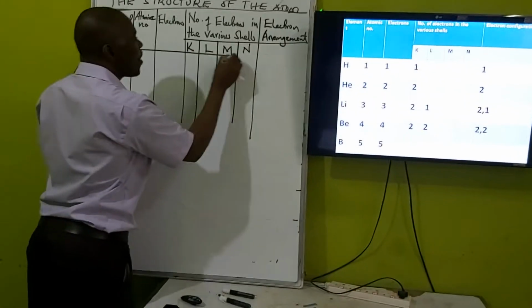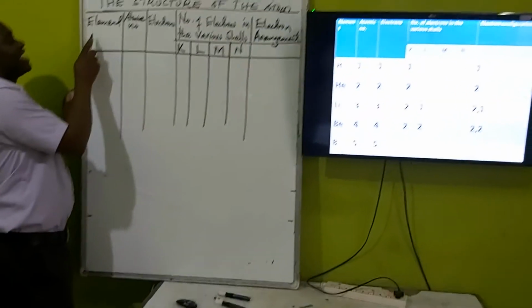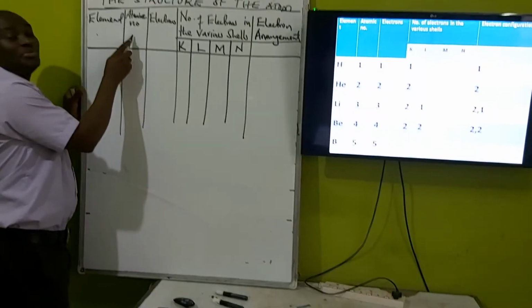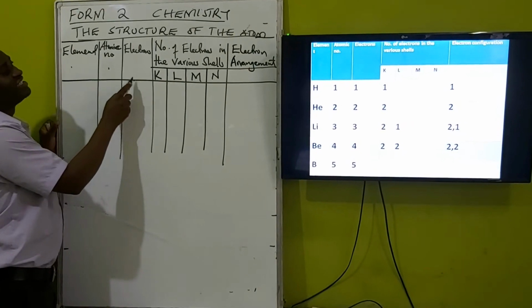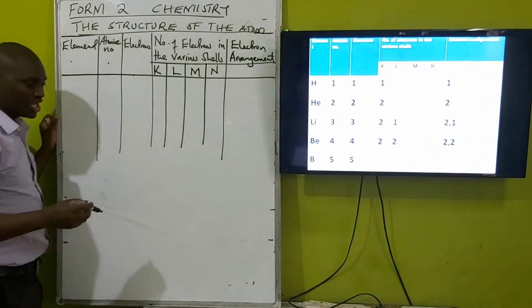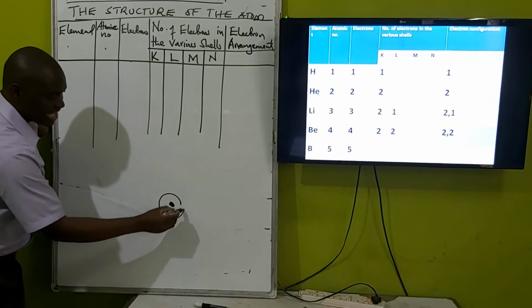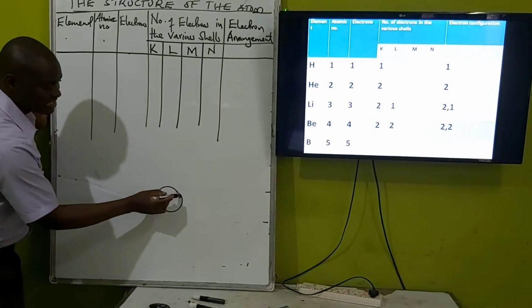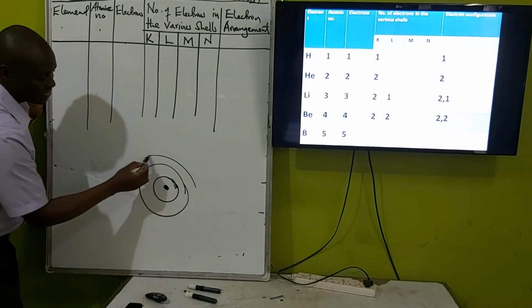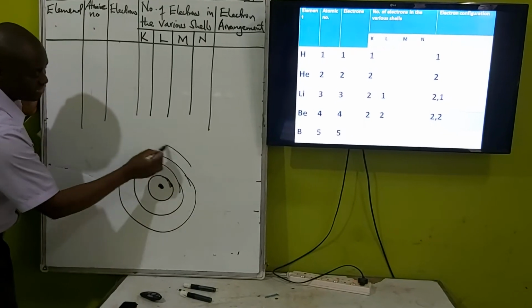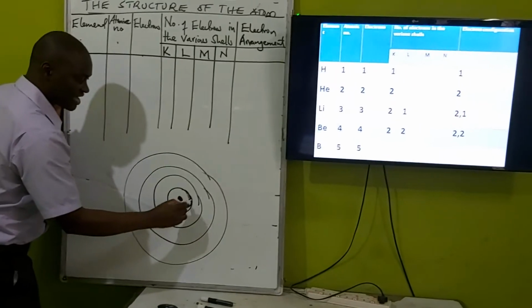Then I will draw a line like that. So what do I have here? I have the element, then the atomic number of that element, number of electrons, then the number of electrons in the various shells. Remember, we have the nucleus, then the first energy level, the second energy level, the third energy level, the fourth energy level. So K is the first one.